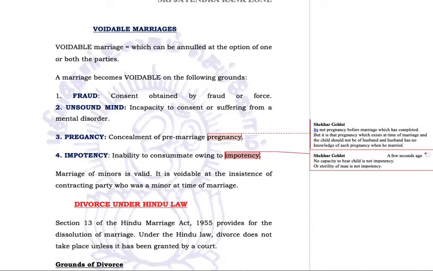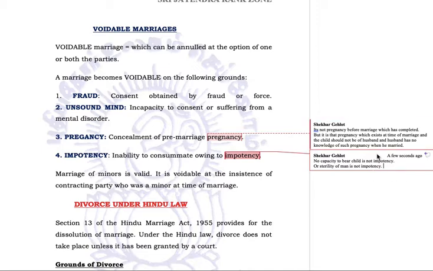If the woman cannot bear a child, suppose she does not have a uterus or there is some physical ailment, or there is some deficiency in the man, he is not having the quality to give birth to a child, then that is not impotency.